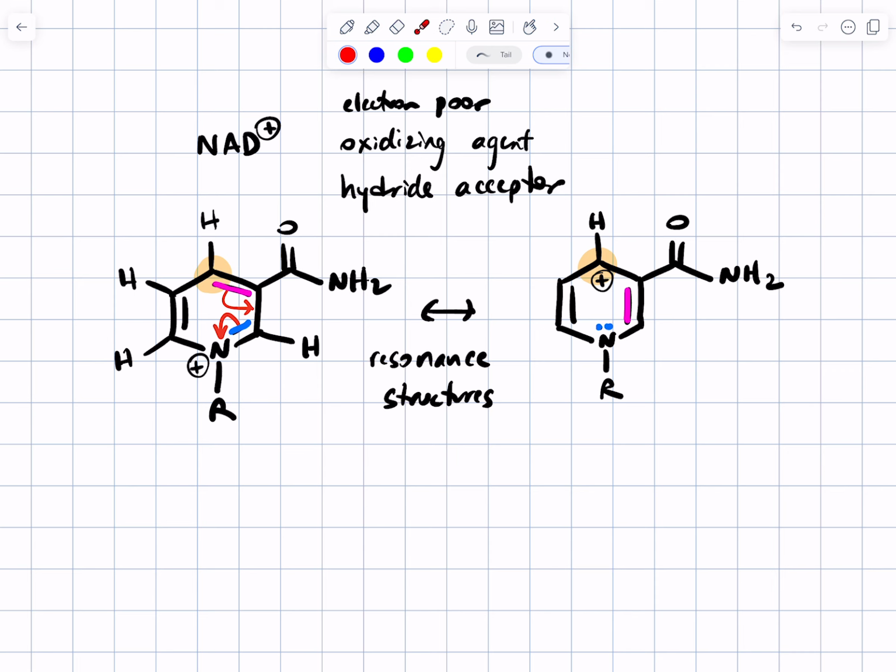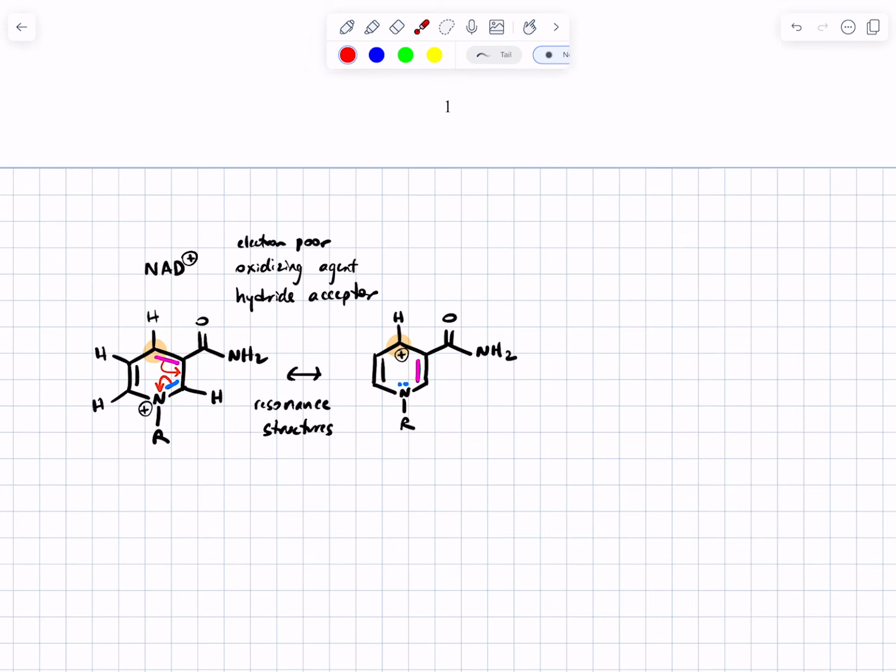You might want to say which one is right, and the answer is they both are right. Are the electrons actually hopping back and forth? No, they are not. What this tells you is the positive charge is simultaneously in more than one place. Okay? And one of those places, the most important of those places, is this carbon that I've highlighted in orange. All right? So that's going to be the atom that accepts the hydride.